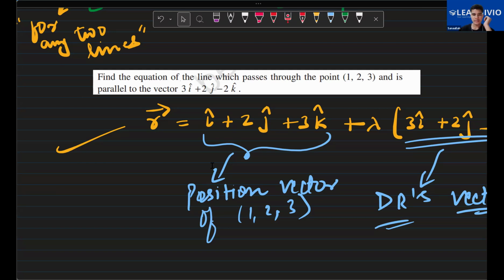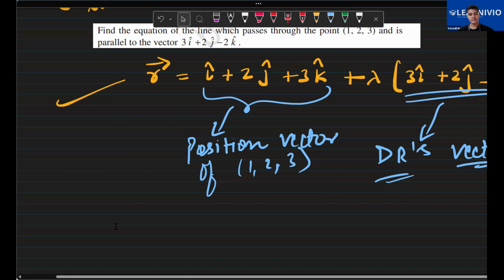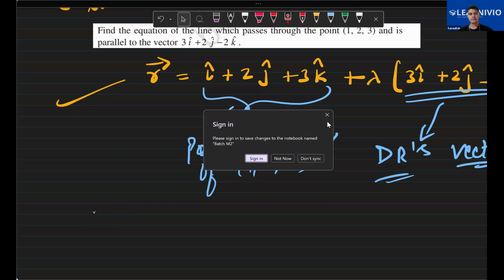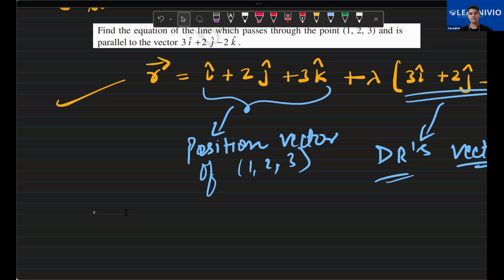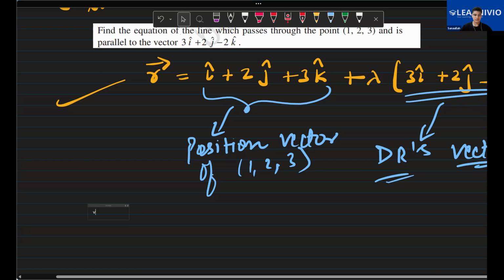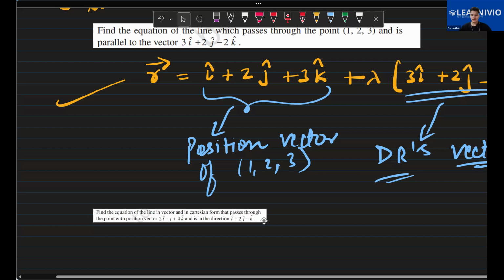You can now try this question. Is it visible?